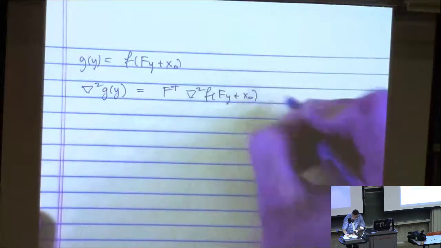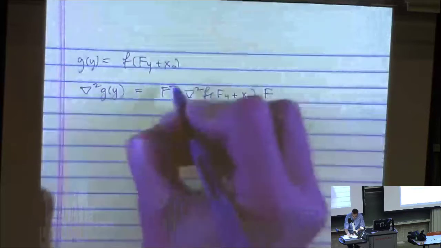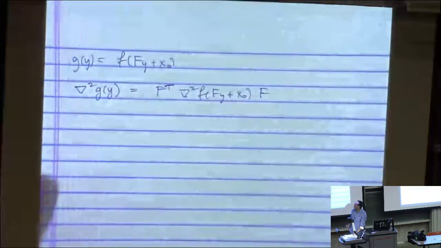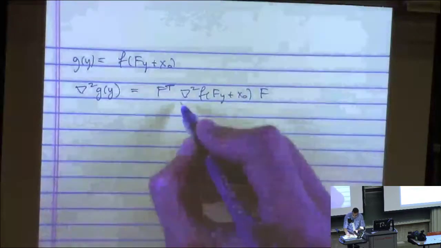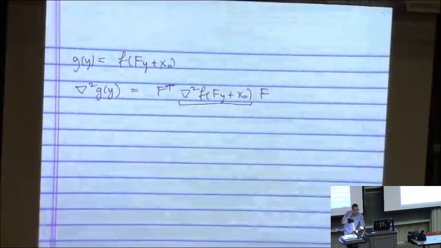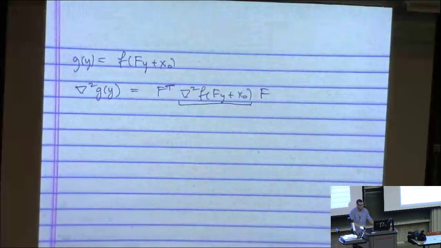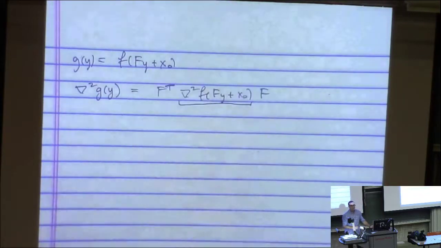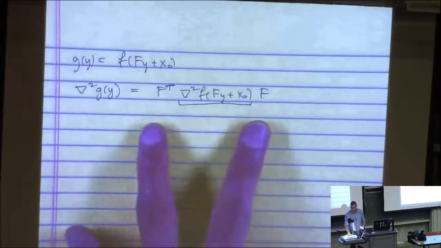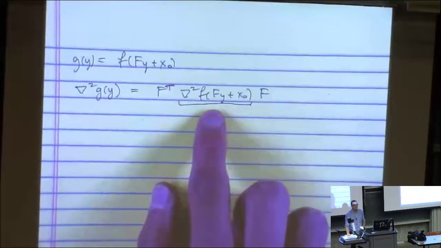This is just using the chain rule. And if this had a nice structure, and F was computed via something like an SVD, then this matrix could actually be dense. This whole thing could lose whatever structure I had in the Hessian in the first place.